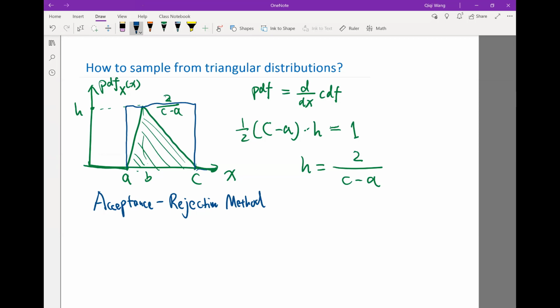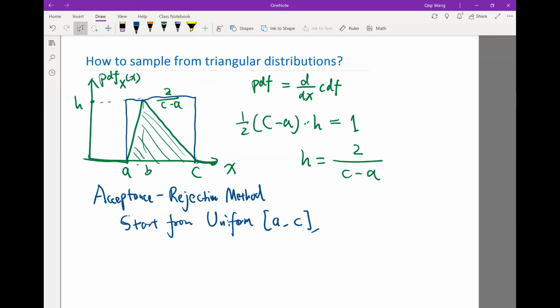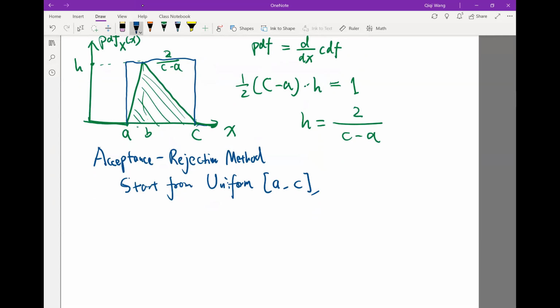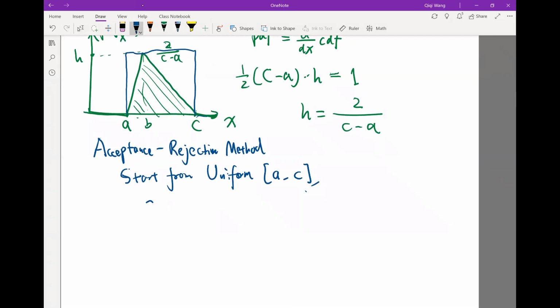Okay, so we start from the uniform distribution between A and C. So basically, we are going to be sampling the uniform distribution between A and C, and then we get a bunch of x1, x2, etc., up to xn.